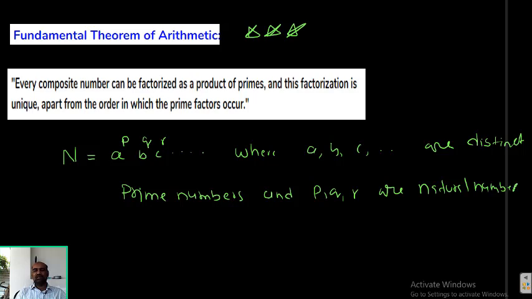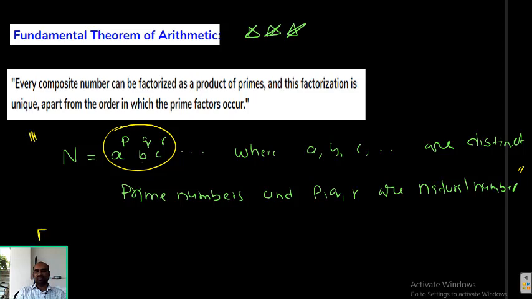This is another form of the fundamental theorem of arithmetic. So any number can be written in the form a power p into b power q into c power r, and so on, where a, b, c are distinct prime numbers, and p, q and r are natural numbers.